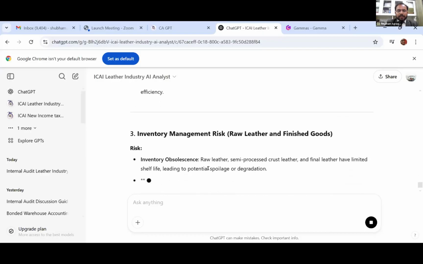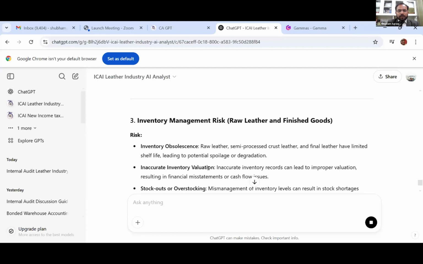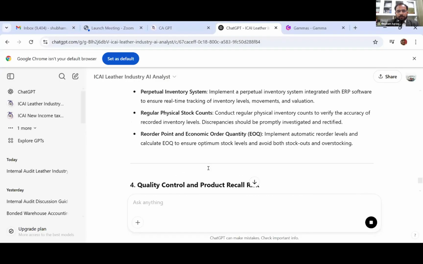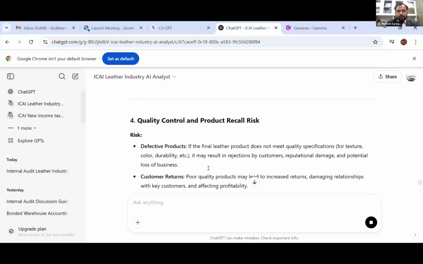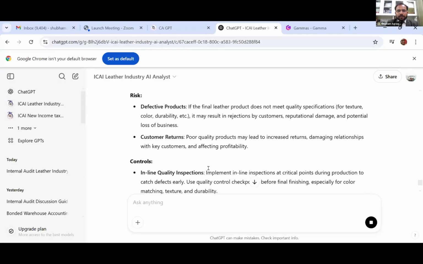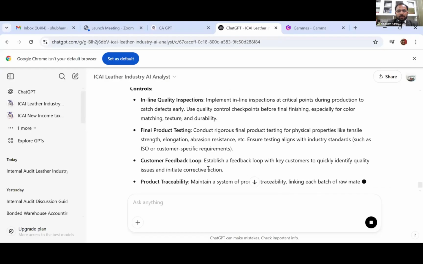So it gives a detailed investigation so that we can plan our audit accordingly. See, for each area, it is giving the risk and the controls accordingly.